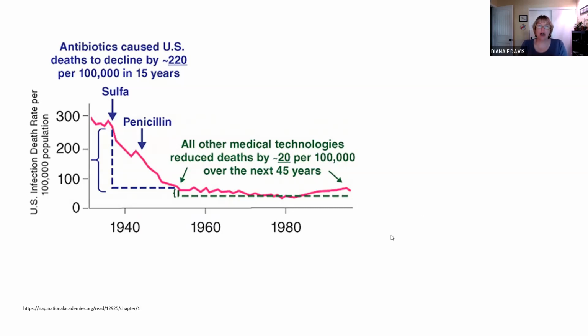Okay, so antibiotics. When we use the term antibiotics, anti is against, bio is life, but we're specifically talking about bacteria. Antibiotics are not going to work on viruses. They are not going to work on most parasites.